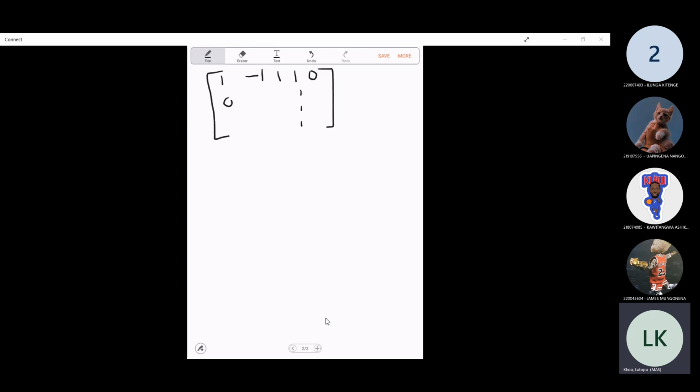I have 0, 2, minus 3, 0, then 0, 1, 0, 0. Then say row 1 plus row 3. And then row 2 minus 2 row 3.